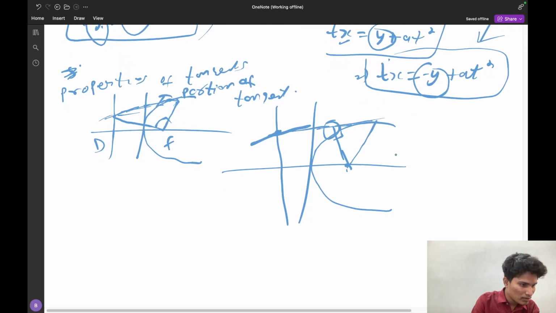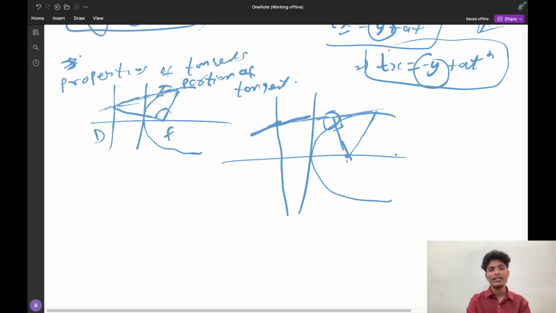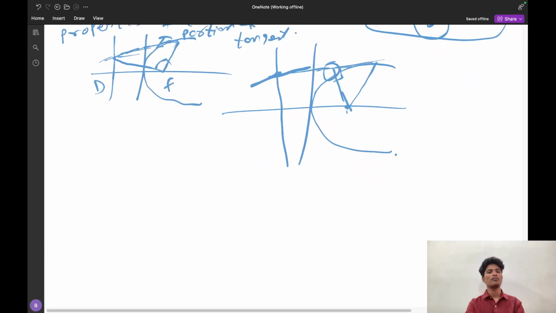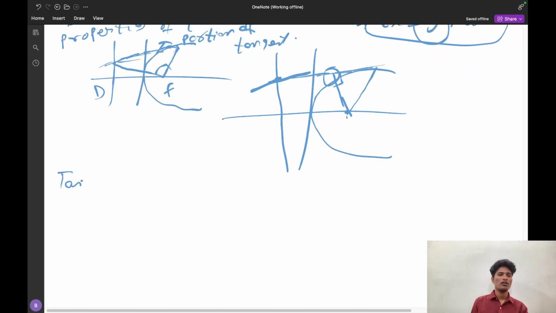Now I have to write here, that is, tangents in slope form.